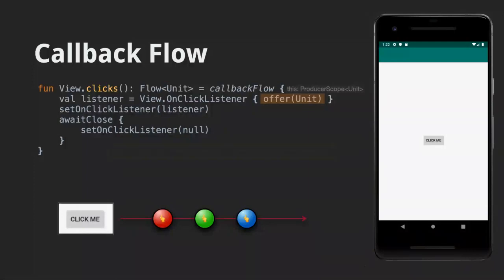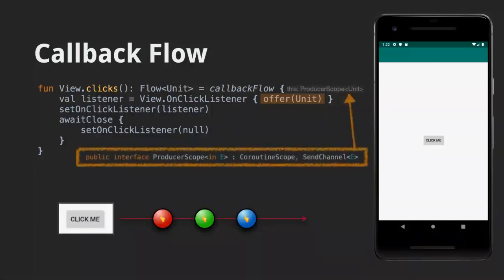Under the hood, this is because producer scope not only implements a coroutine scope, which gives us nice threading capabilities, but it also implements something called a send channel. So when we call offer, the offer function is part of the send channel signature. We're basically taking our unit and offering it onto that send channel. That's what turns our click callbacks into a stream of click events.